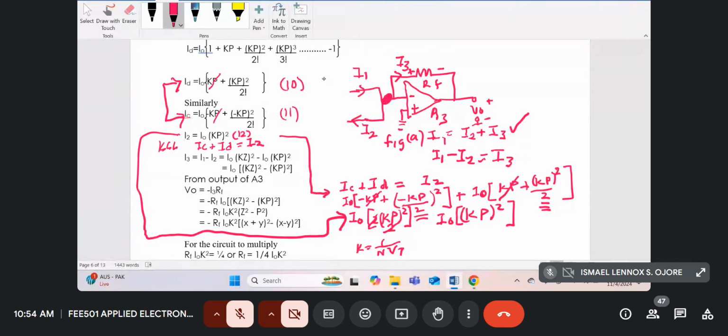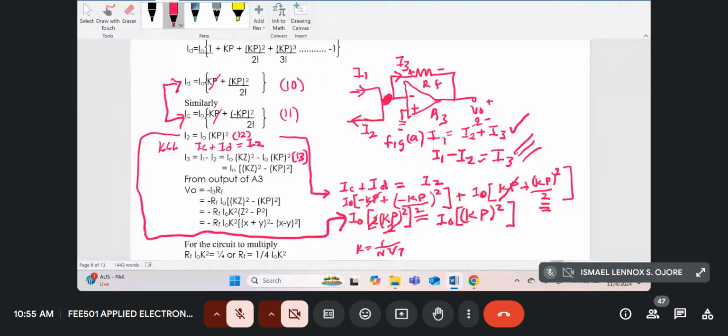Let's call this equation 13. So in equation 13, I3 is equal to I1 minus I2, which is what we've gotten over here just by applying KCL to the node.